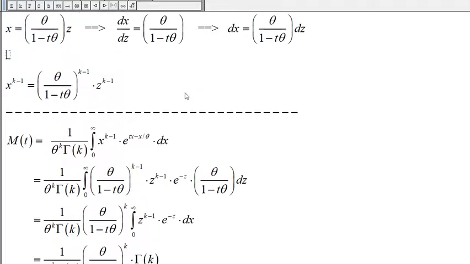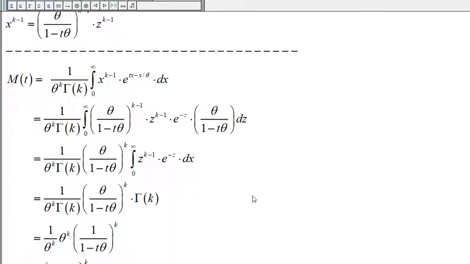And recall that dx is theta over 1 minus t theta times dz. This is the same as to the first. So this expression and this expression, the bases are the same, so we can add the exponents.